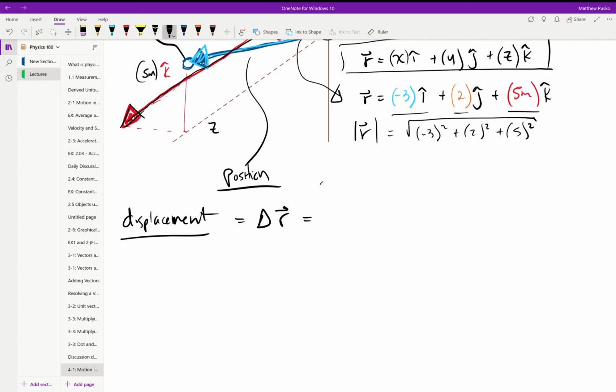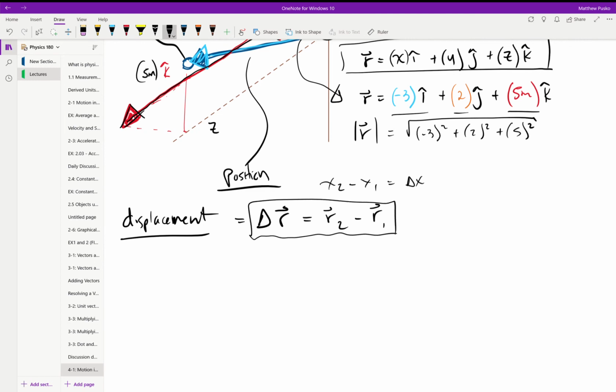So before we had x2 minus x1, and that was equal to some delta x, or the displacement in the x direction. Now we have delta r. So we'll look at the whole vector at 2, and then subtract the whole vector at 1. It could still be in 1 dimension. It could still only be on the x-axis. This is a more general definition. So we need to know that.